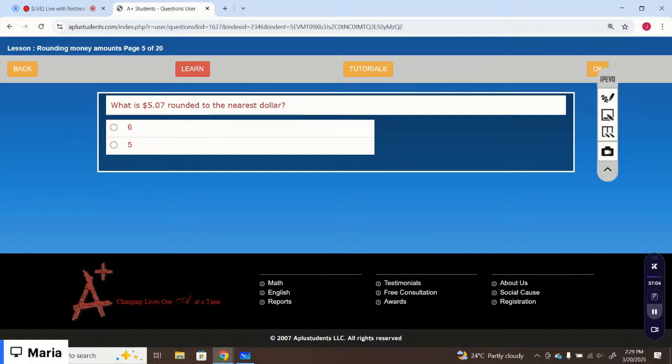What is 5.07 rounded to the nearest dollar?